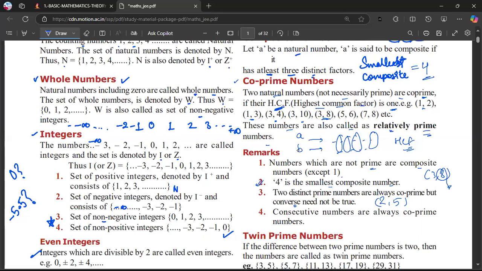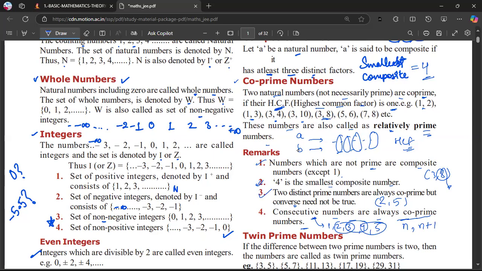Understood? Yes, sir. Consecutive numbers are always co-prime numbers. Consecutive numbers means 1 and 2 are consecutive, 2 and 3 are consecutive, then 3 and 4, then 4 and 5. The gist is that any number and the number next to it are co-prime.